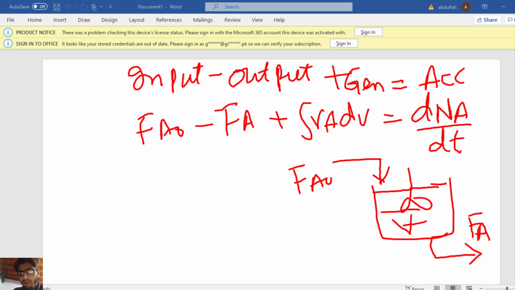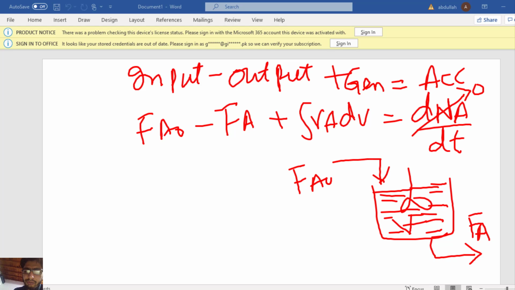It runs continuously at steady state. Steady state means that there is no change in the moles in the reactor with respect to time. At steady state this term will be 0. So we will write this relation, and there is one assumption.